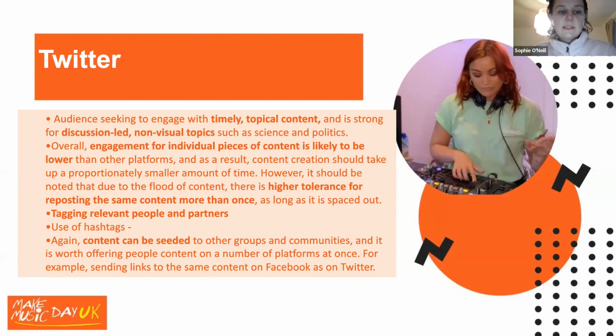So it's just about making sure you know who those people are, and again, that you have those relationships with them so that they can reshare things, particularly if it's somebody with a big influence within the groups that you're looking to target for your event. Say, for example, it could be a local MP, or somebody else that's a figure of note within the local area that perhaps you want to tap into their network.